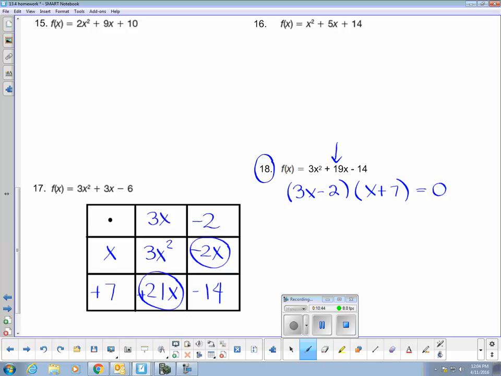And again, I'm going to swap out f of x for 0. So I'm finding my roots. Very easy to see that x is going to be negative 7. And here, I'm looking for what would make this equal 0. So adding 2 to both sides, dividing by 3, gives me 2/3.